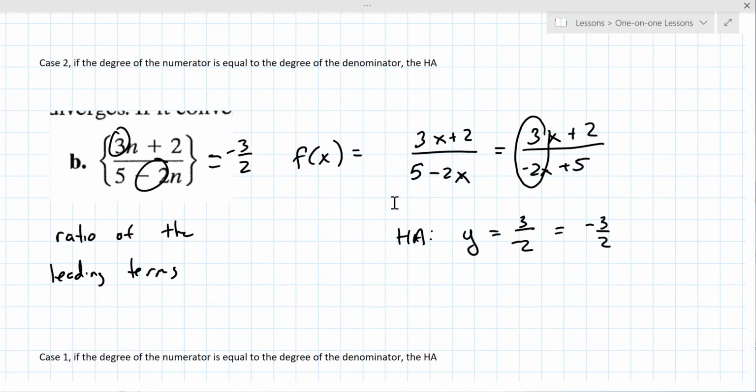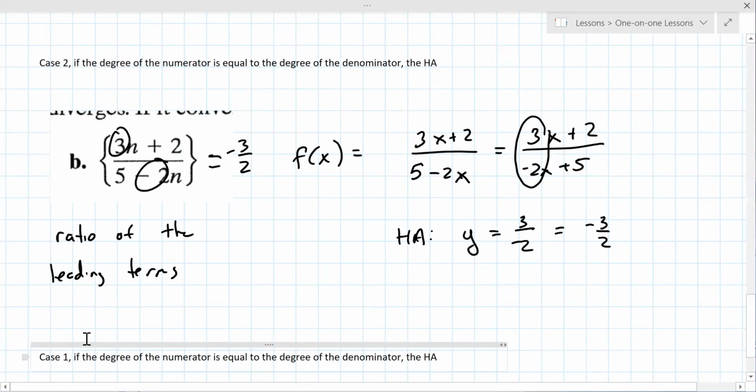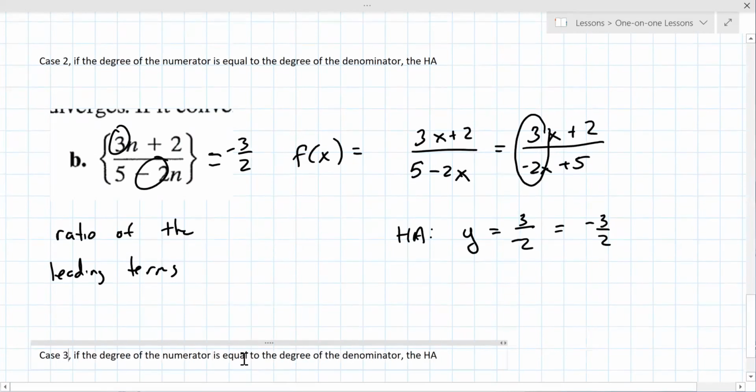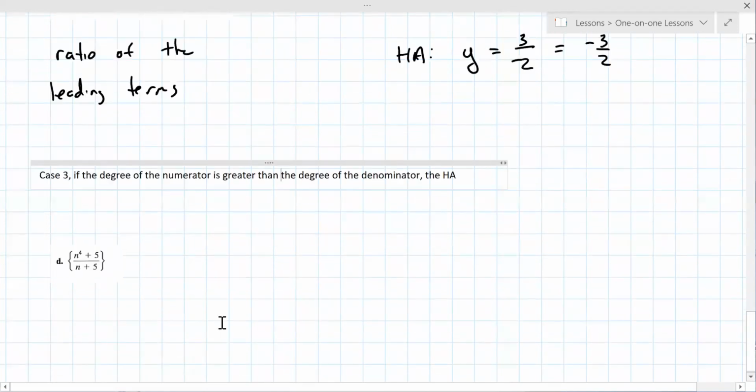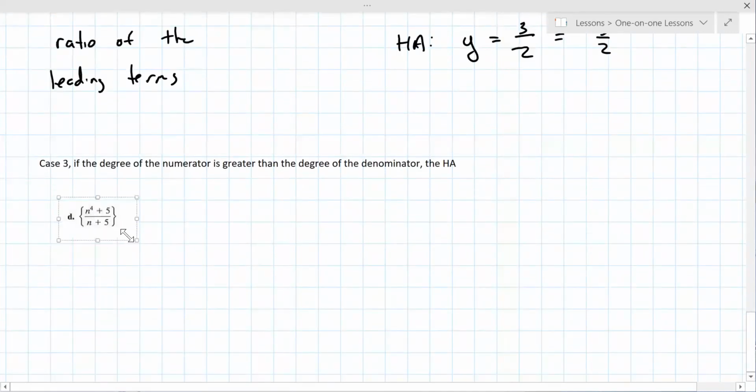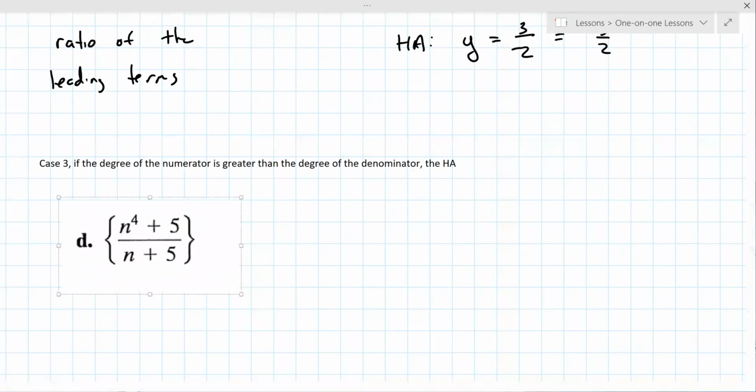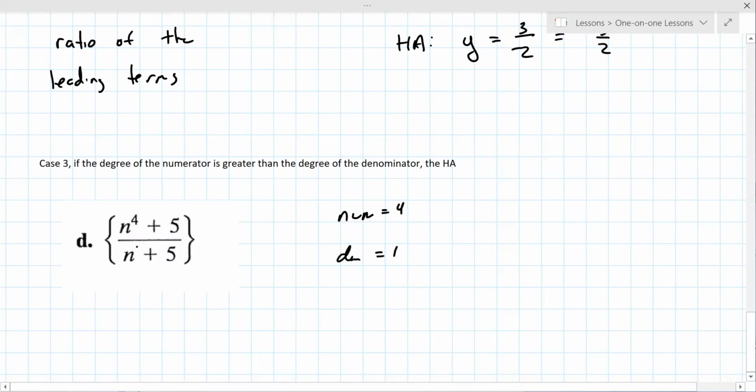Yes. Okay, so then case 3 is when the degree of the numerator is greater than the degree of the denominator, and that's what we see in this example down here, because the degree of the numerator is 4, and the degree of the denominator is 1. There's a 1 there. 4 is greater than 1.